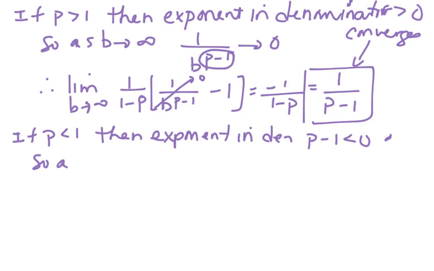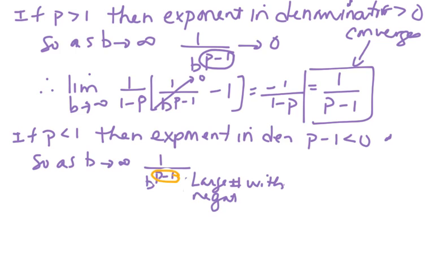So as b goes to infinity, 1 over b to the p minus 1 is going to be a large negative... Since p minus 1 is less than 0, that's a negative exponent, so it's going to be a large number with a negative exponent, which is going to flip up.